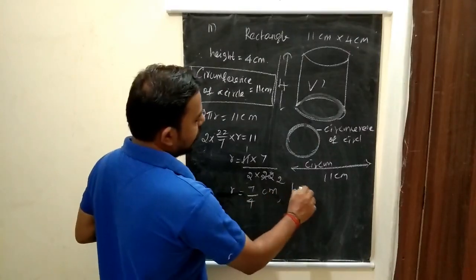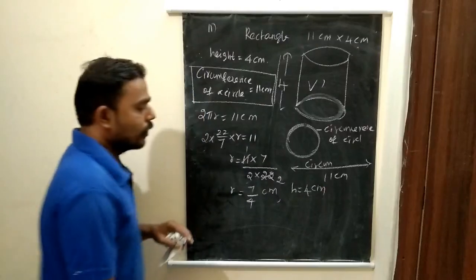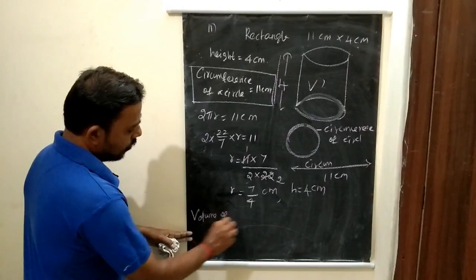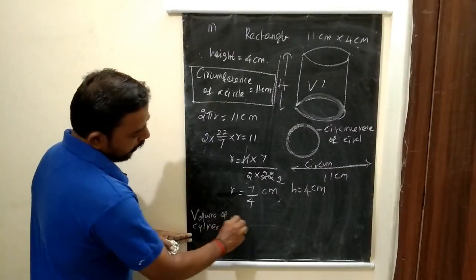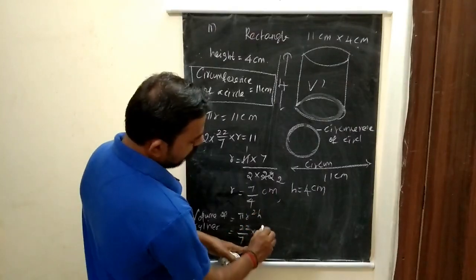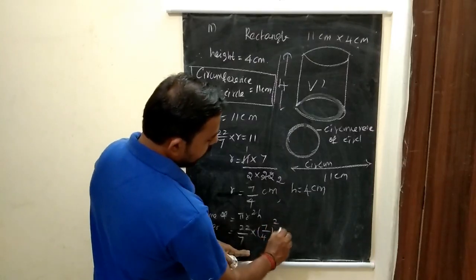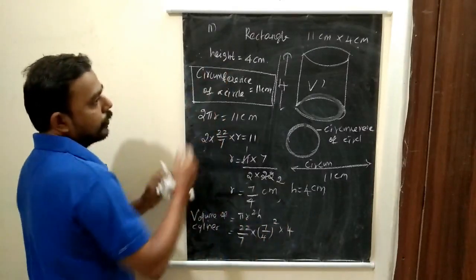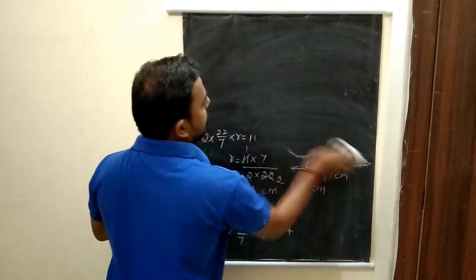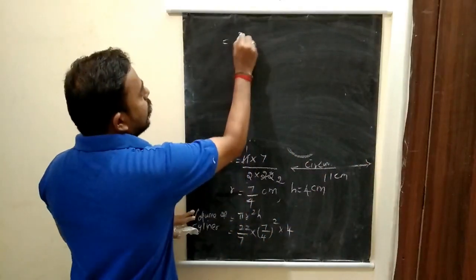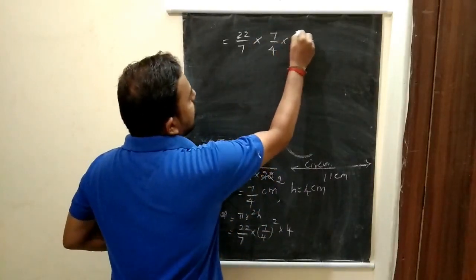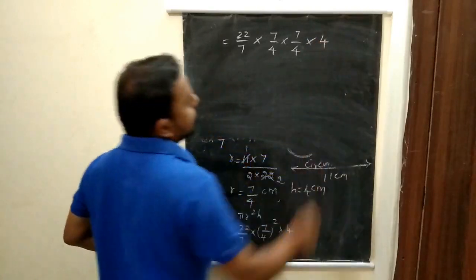And the h value already given is 4 centimeter. Using this we need to find the volume. So volume of cylinder equal to pi r squared h equal to 22 divided by 7 into r squared, 7 by 4 the whole squared, into 4. So write 7 by 4 into 7 by 4 into h value 4.